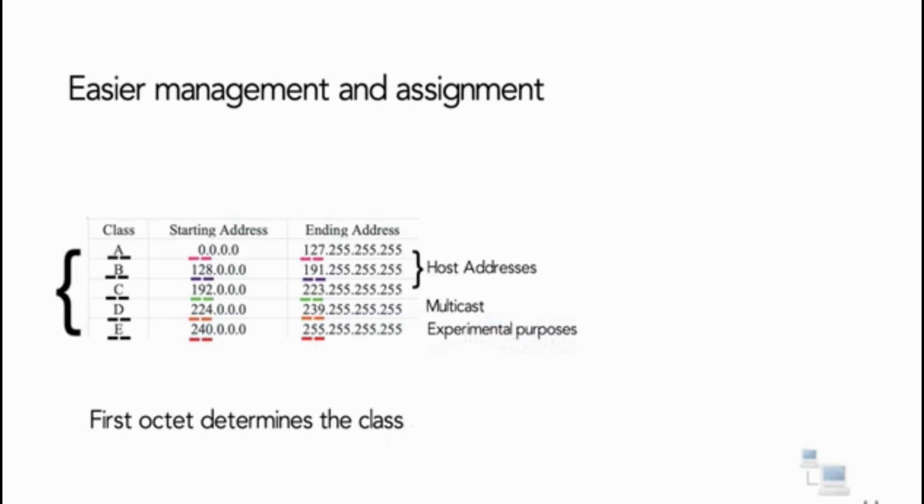IP addresses from the first 3 classes, A, B, and C, can be used for host addresses. The other 2 classes are used for other purposes: Class D for multicast and Class E for experimental purposes.